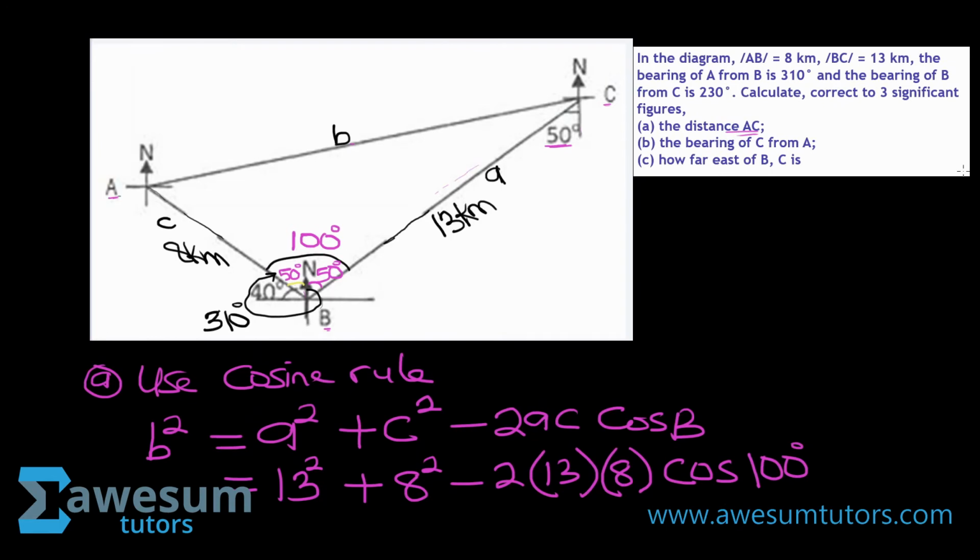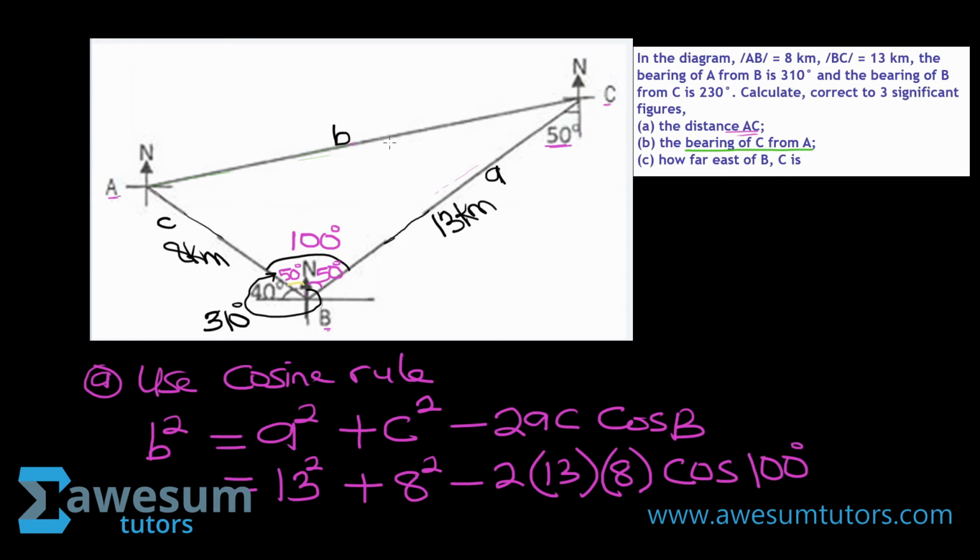It says to find the bearing of C from A. I told you, anytime you hear something like this, bearing of a point from another point, first of all, what you need to do is check out the line that connects both points together. Bearing of C from A. This is C and this is A. So this is the line that joins them together.